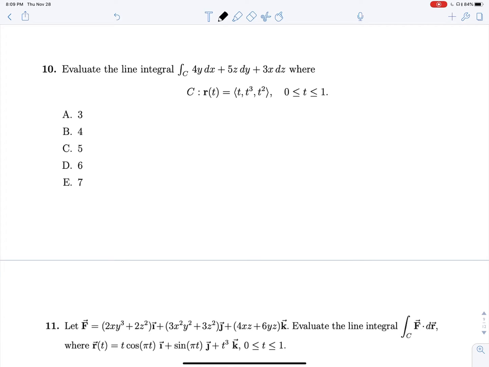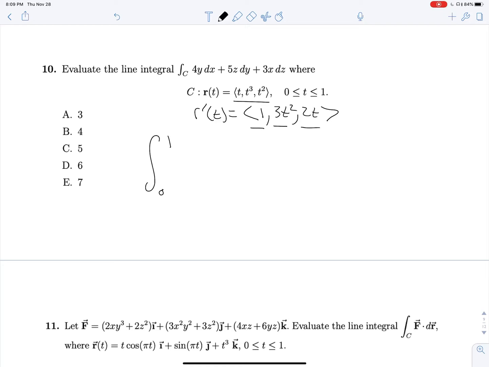Let's evaluate this integral right here. Really, we can express this as f dot dr because all we have to do is take an r prime of t, which will be 1, 3t squared, 2t, and substitute this in for dx, this for dy, and this for dz, and plug these in for our x, y, and z values up here.